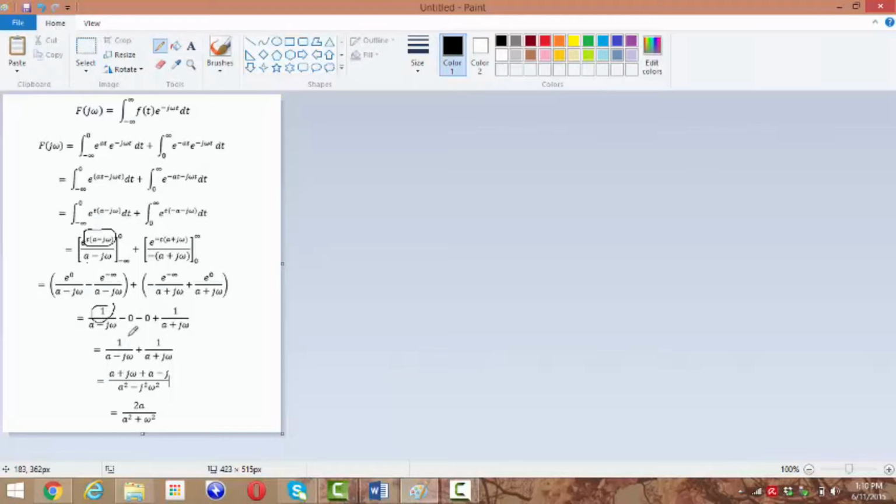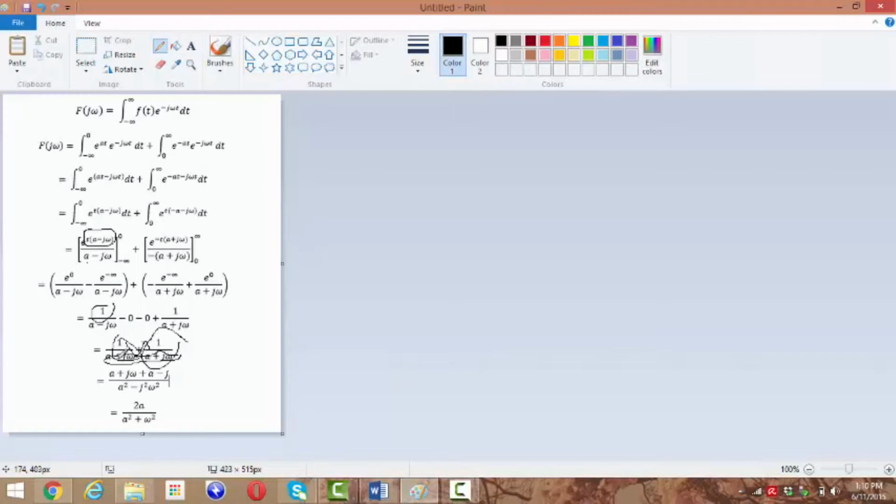Then we get these equations. To combine both, we just cross multiply. This one is this and this is this, and we equalize.